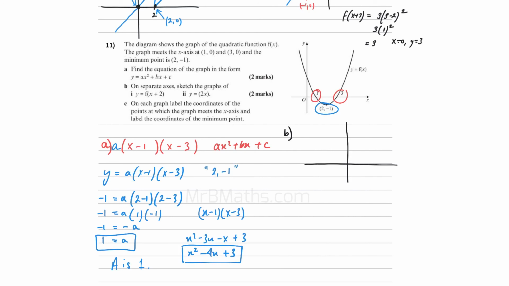So we know that our two intersection points are 1 and 3. We now need to shift this -2. So 1 and 3, if we got 1, take away 2, it's going to leave us with a -1. And our 3, if we shift that 2 across, it will leave us with a +1. And if we look at the vertex, that will now become 0, -1.